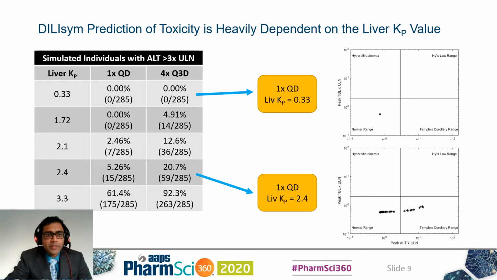Nonetheless, we pressed forward, still keeping in mind that liver KP value can play a big role. So this shows what the consequences are of not knowing that value, and where the two data points that are known about it lead us. These are top line simulation results, giving the frequency of ALT elevations that DILIsym predicts.